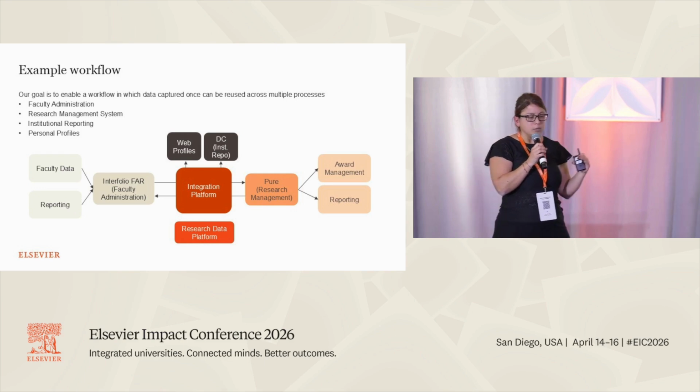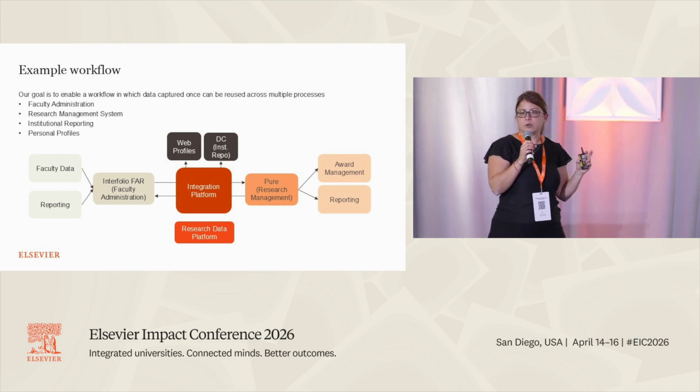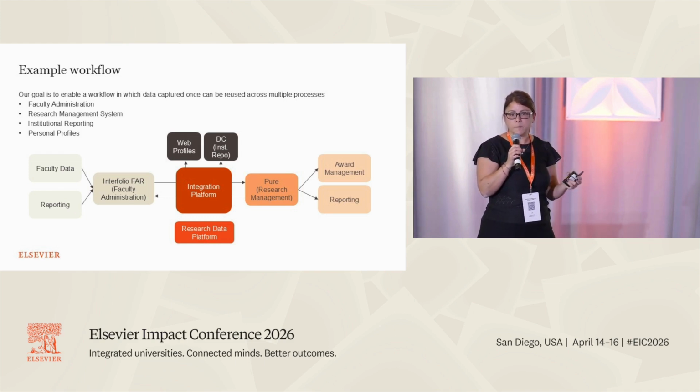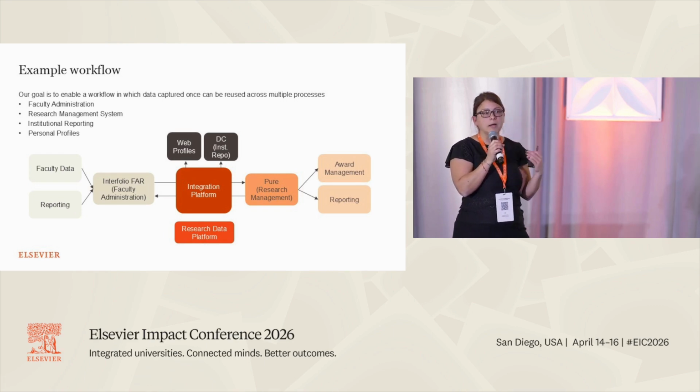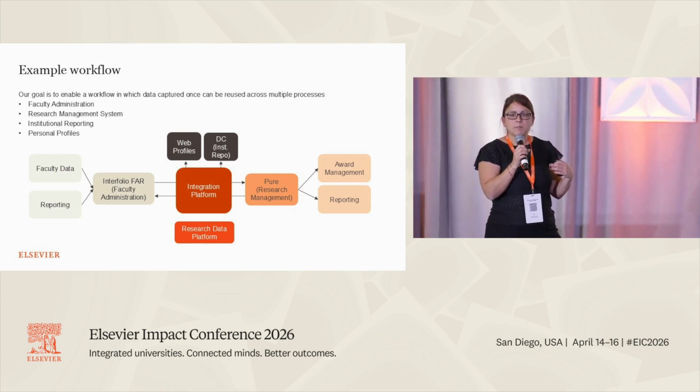What you see at the bottom is the Elsevier Research Data Platform, which is connected to the integration platform and provides aggregated data from a number of sources, and not only provides this data but also enriches it.